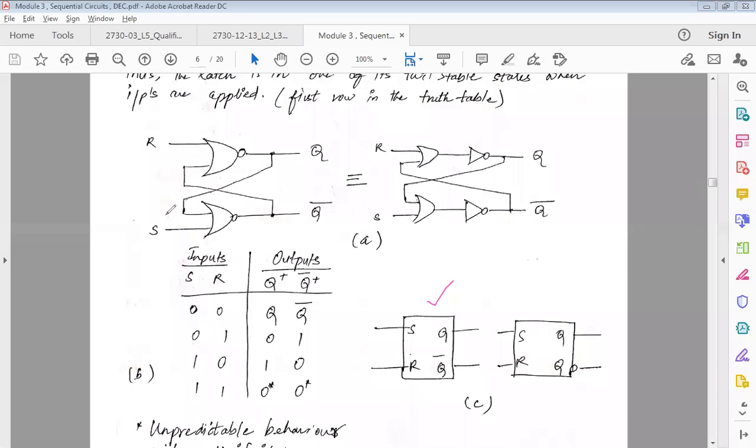Now let us take the value S equal to 0 and R also equal to 0. Now I have to find out what is going to happen. Anything that gets added with 0, I am not sure what my output is going to be, because I don't know what my input is here.